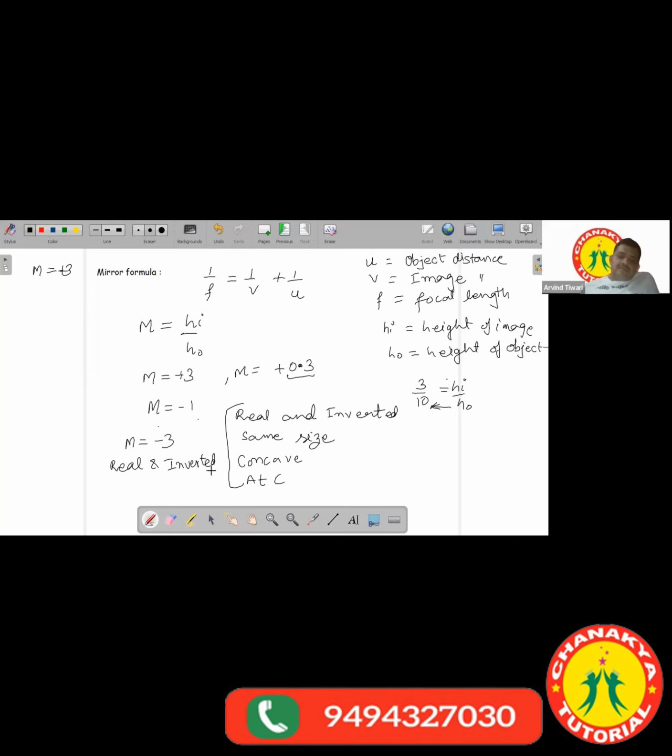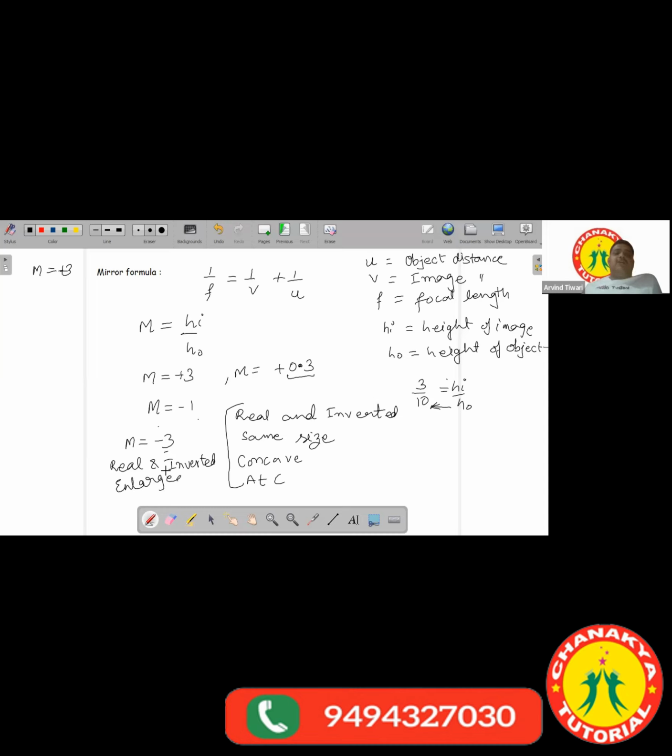No, it's not the same size. Aryan, can you tell the size? No, sir, see, the image is enlarged. The value of magnification is 3, which is greater than 1. 3 is greater than 1. So that means the image is enlarged.